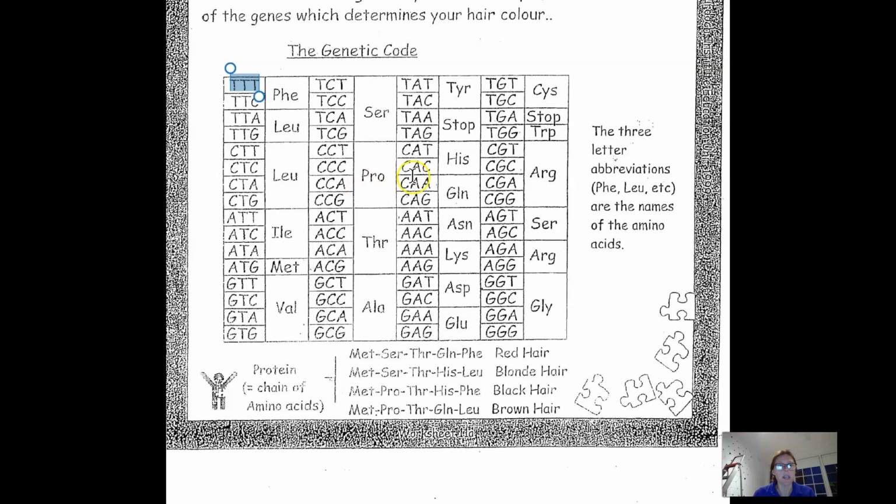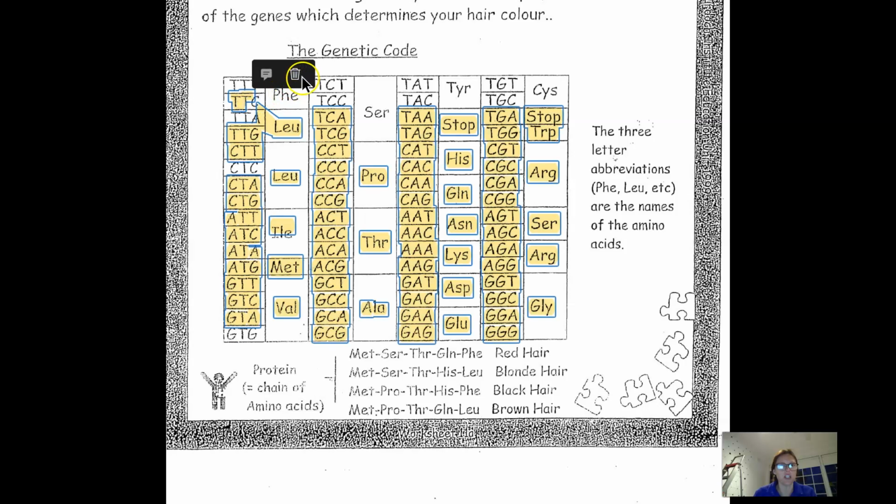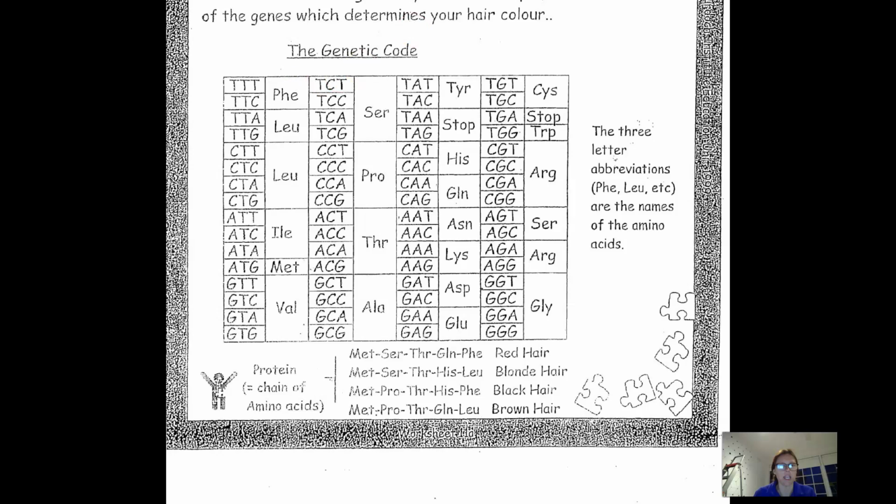Now, interestingly, if we have a look over here, TTC also makes that same amino acid.